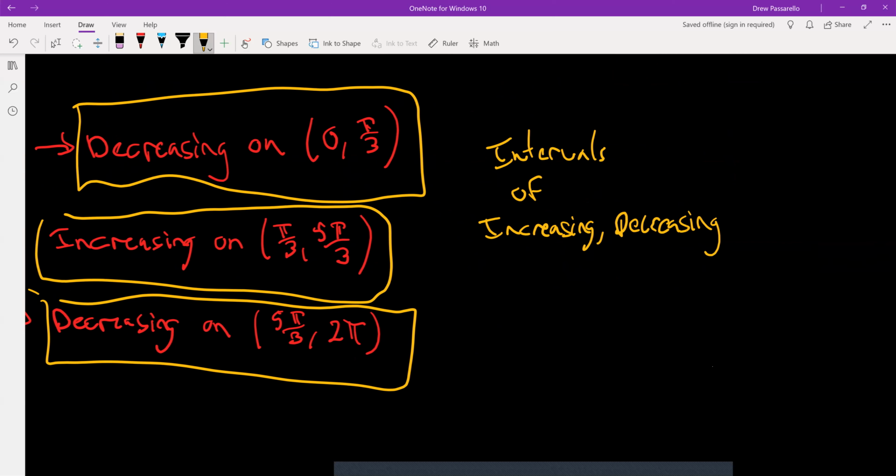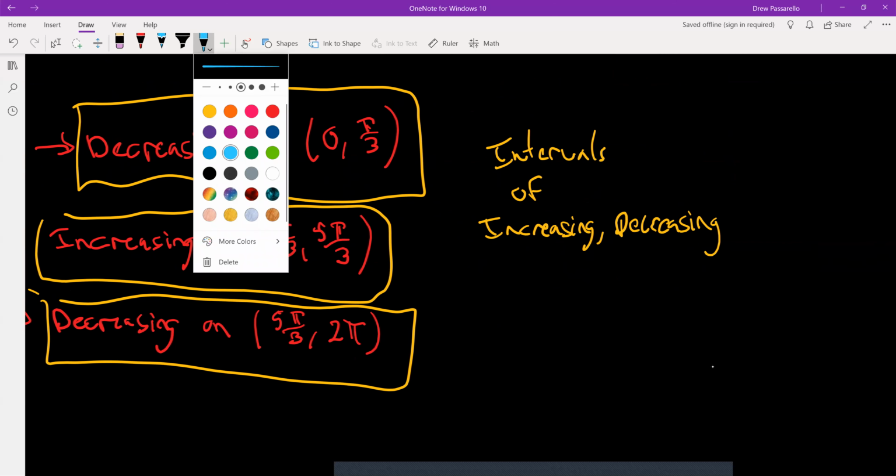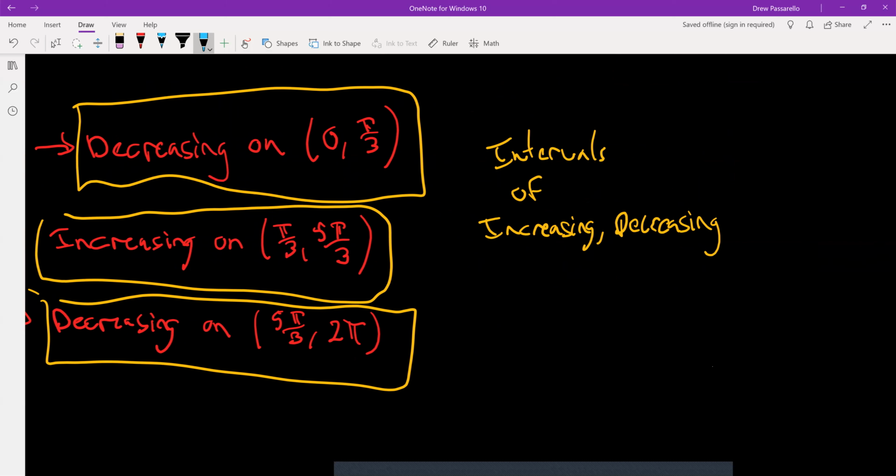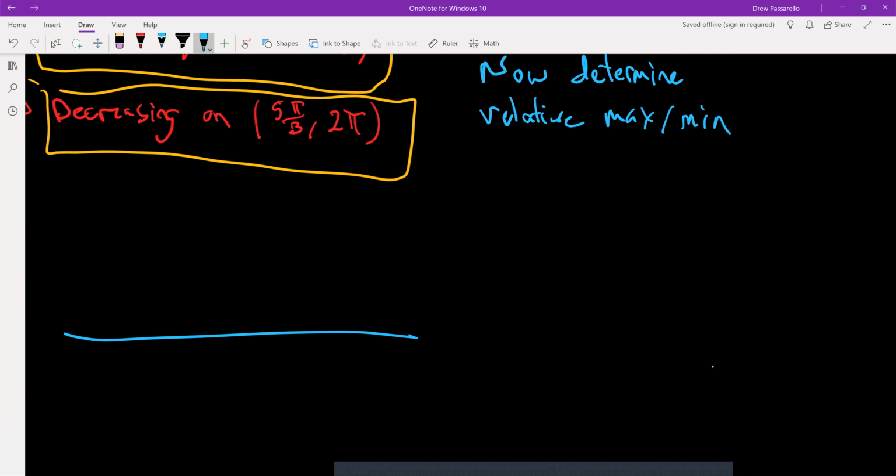And from here, I can determine what the relative max and relative min values are. Okay, so I'll do that down here. Our two critical numbers were pi over 3 and 5 pi over 3.